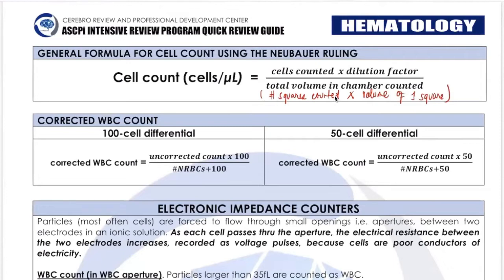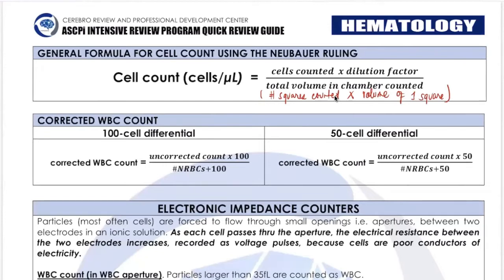So here, we just need to be careful about the values given to us, because sometimes they would give you the average of the count on both sides. So if that happens, let's say for example, in the case of the RBC count, they might give you, let's say, that the average of the RBC counted is 250. So usually when you say average, that is already the average of the counts on both sides.